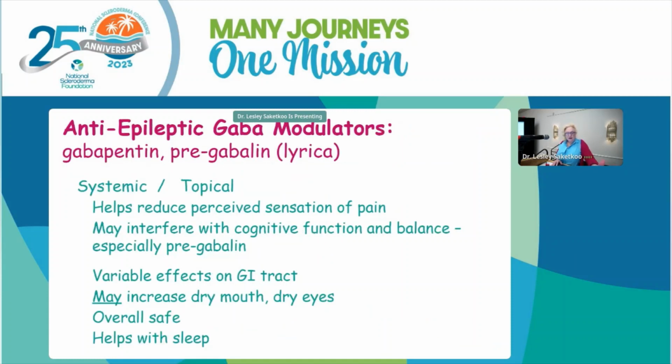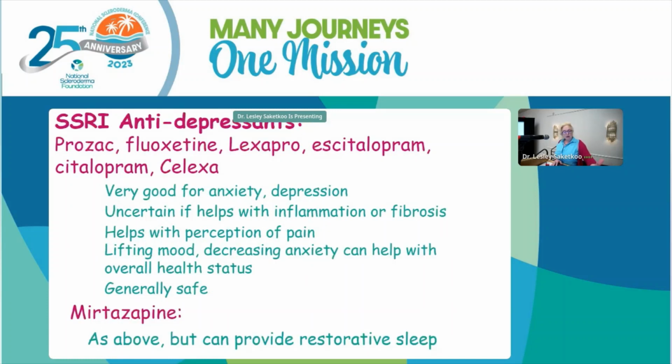Okay. GABA modulators are probably my favorite. Gabapentin, not Lyrica. Lyrica seems to have too many side effects for me, but I prescribe mostly gabapentin. It also helps with sleep and it's very safe. SSRIs, very important, at least for a short time if you're feeling depressed, but it can also help modulate pain.